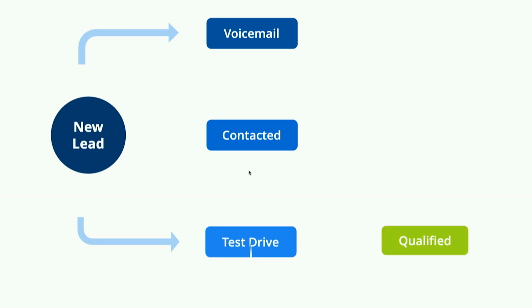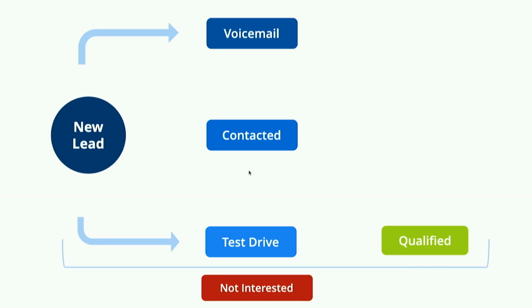And then maybe someone comes on in and they just immediately want to test drive. At that point, your agents will know that they're qualified right along. So these can go through a couple of different paths, and along the way they can forget a lot of information, deviate from the sales process, which is going to result in a loss of leads or potential revenue as well.